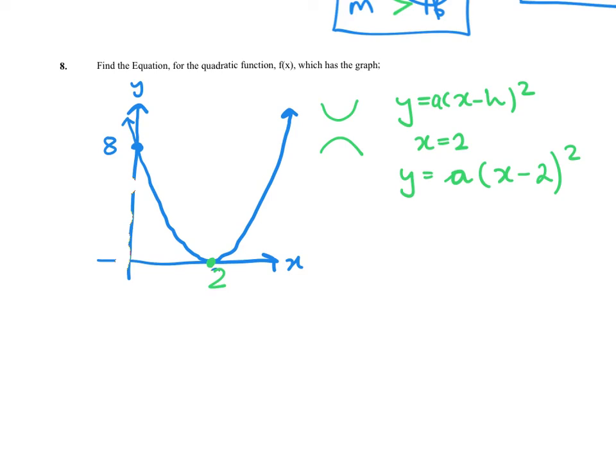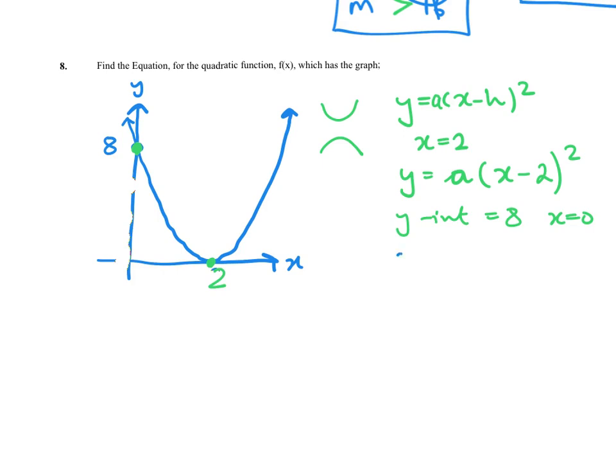Now let's find the value of a. Looking at the graph, do we have any more information? We can see that the y-intercept has been given. The y-intercept is equal to 8. When we have a y-intercept, x is equal to 0, so we can substitute that into our equation.